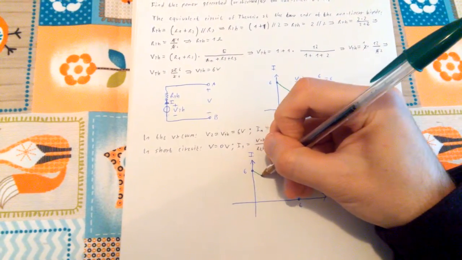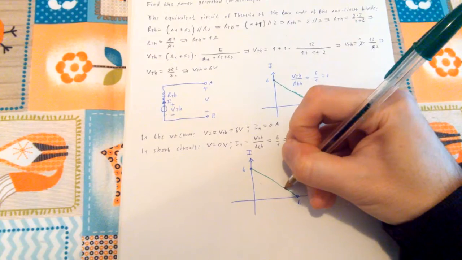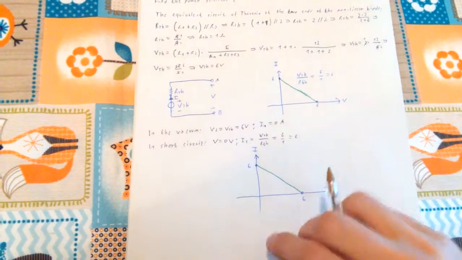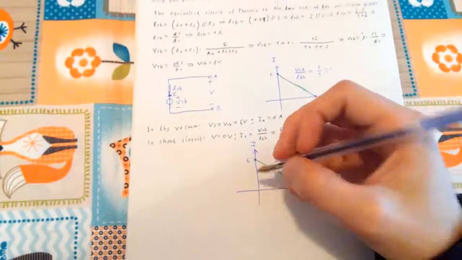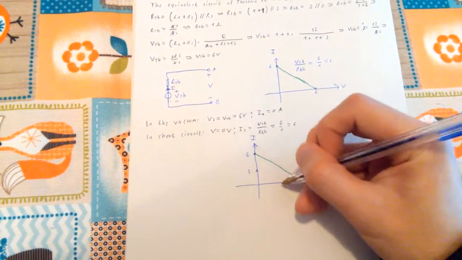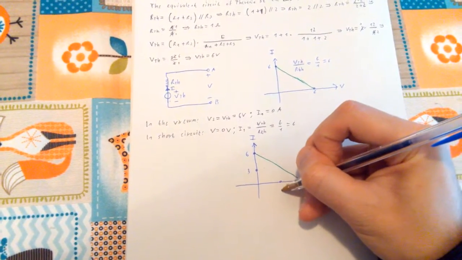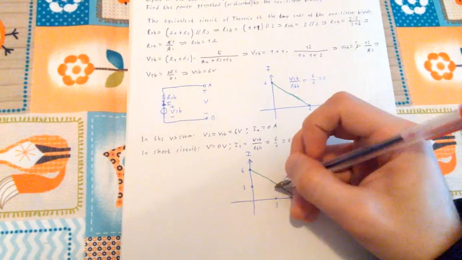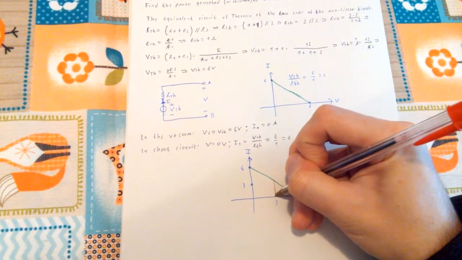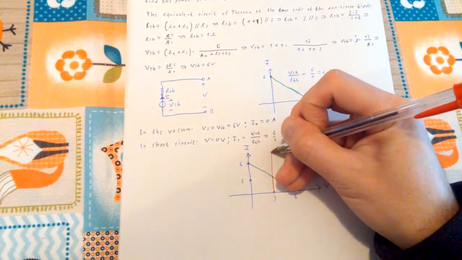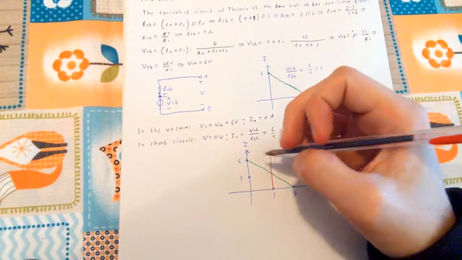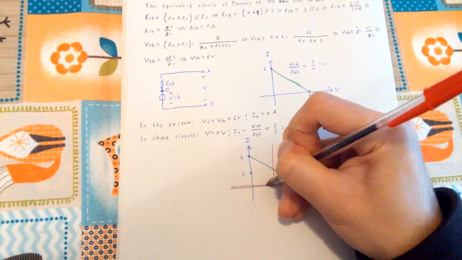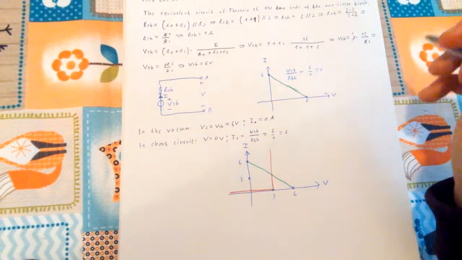So like this. And then I also have 3 and 3 of the other one, which would go up like this.